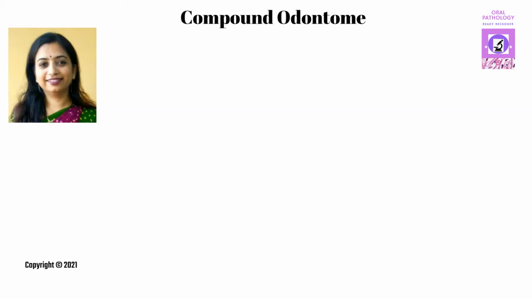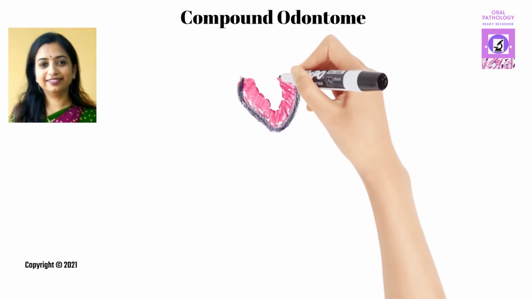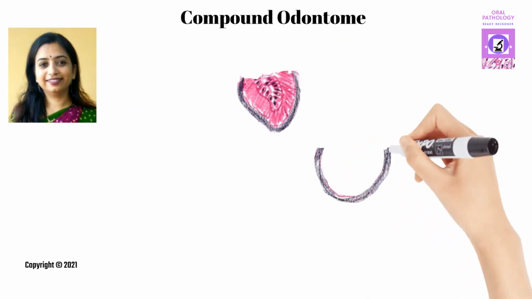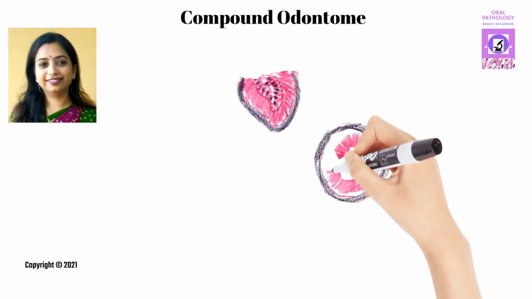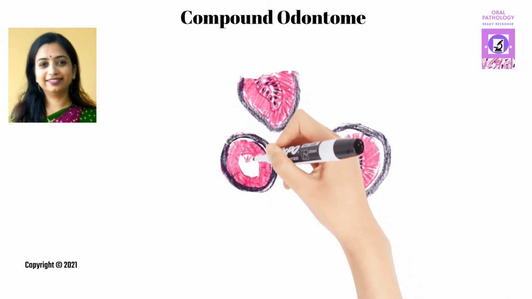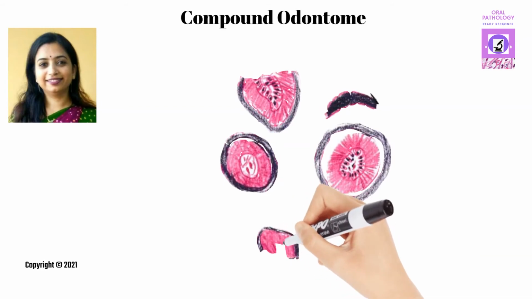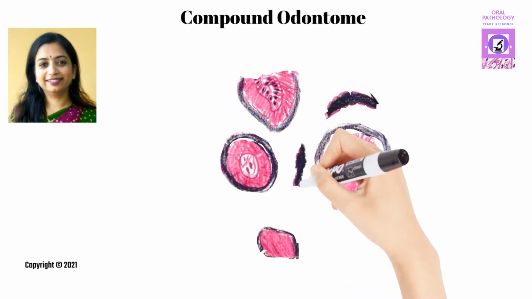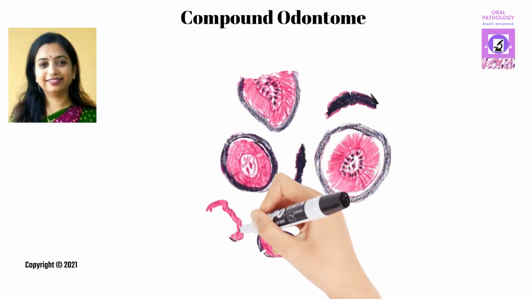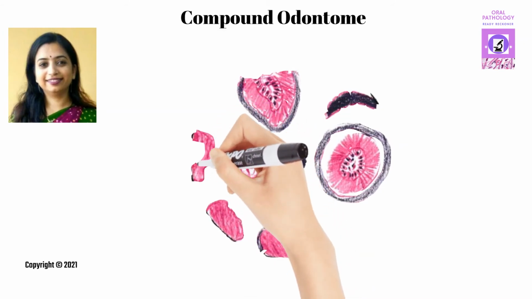Next mixed tumor is compound odontoma, which is mostly considered a hamartoma rather than a neoplasm. Histopathologically, it shows dentine, cementum, demineralized enamel, and pulp tissue, arranged in tooth-like structures in a very orderly and organized pattern.